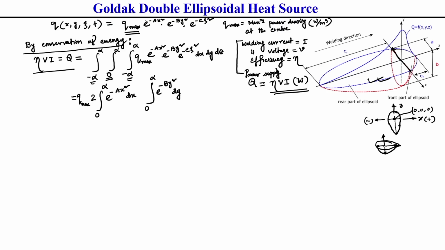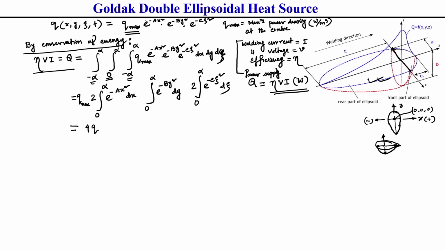And for the z part we can write 2 into integration from 0 to infinity, because this is minus infinity to plus infinity. The law of integration, you know these things, okay, I am not going into details, e to the power minus c into zeta square d zeta. This is zeta, keep this in mind, because here we are considering everything in the moving coordinate system, that is why this should also be zeta, not z. Okay.